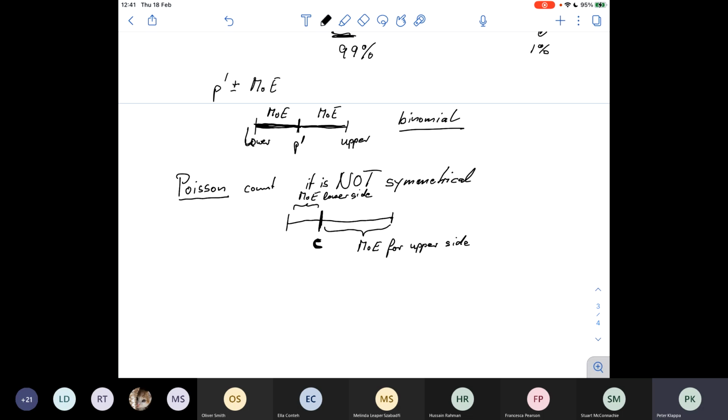For the Poisson distribution, this is not true. And you probably noticed that I did not ask you for a margin of error for the count data for task 2, just simply because it is a pain to calculate these two different margins of error.